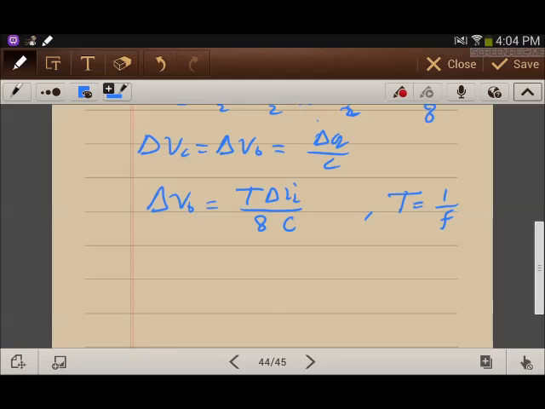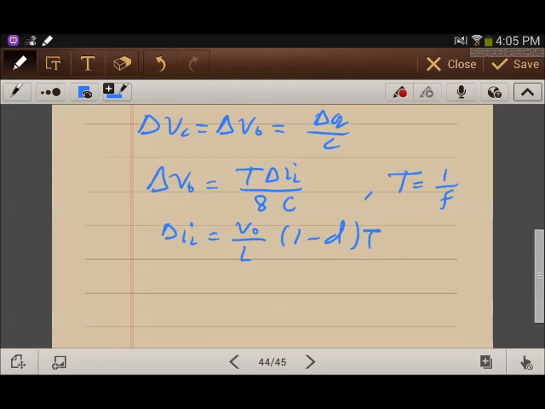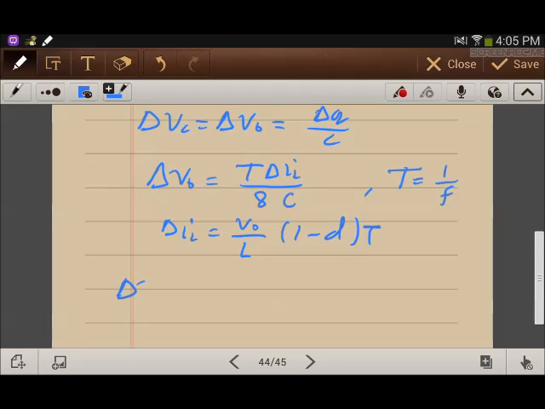And also we know that delta IL is V out divided by L, multiplied by (1 minus D) multiplied by T. So I will substitute these two, and I will get delta V out is equal to V out over 8 multiplied by L multiplied by C multiplied by F multiplied by (1 minus D).